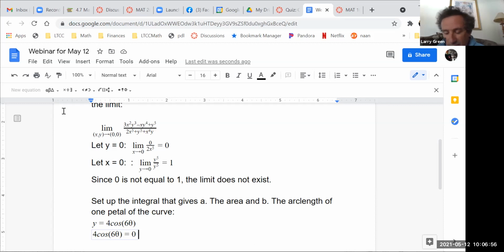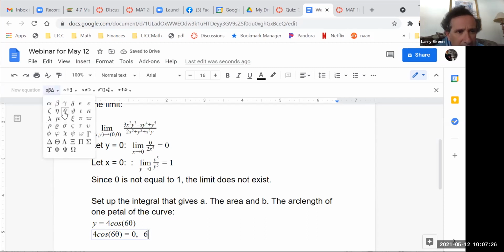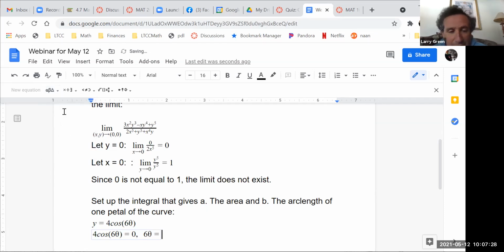So the smallest positive one is when our cosine of the angle, the 4 doesn't matter, you can divide it, but when the cosine of the angle, when the angle itself comes from pi over 2. So we can say first 6 theta equals pi over 2.